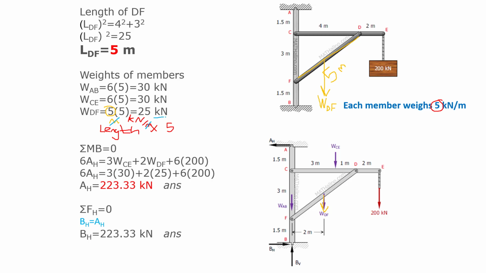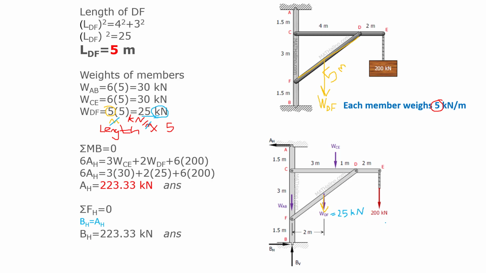Resting is kilonewton. So 5 times 5, 25 kilonewton. So here in this figure, WDF, weight of the bar DF, is equal to 25 kilonewton. This is given to us, no need to calculate this.